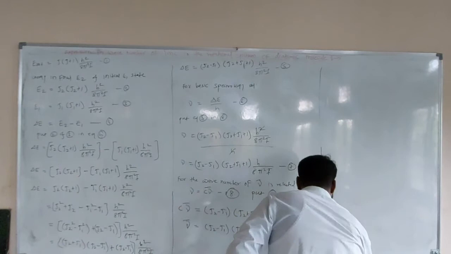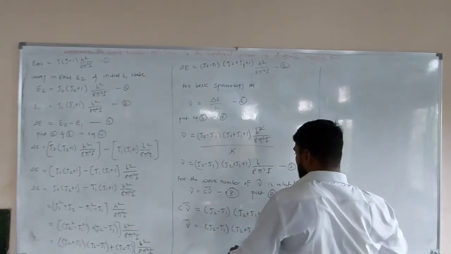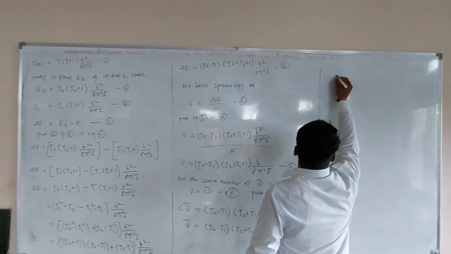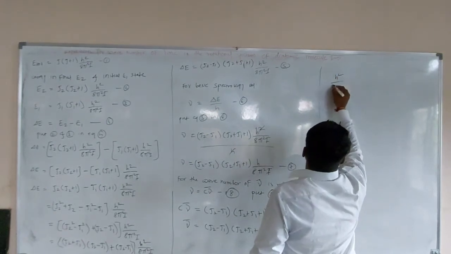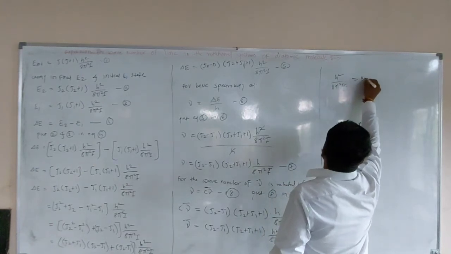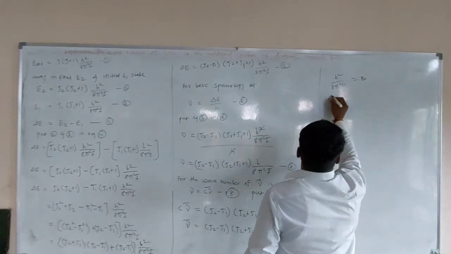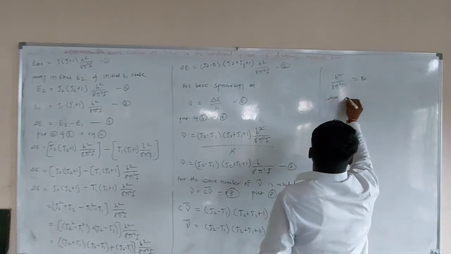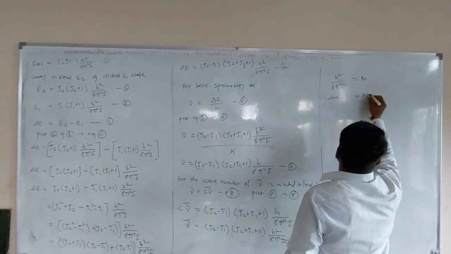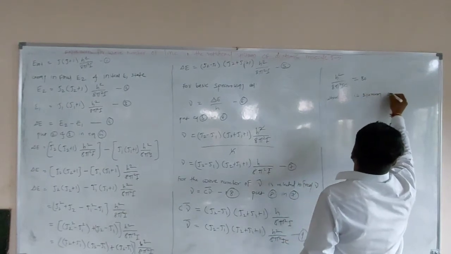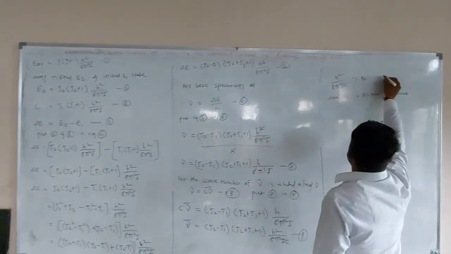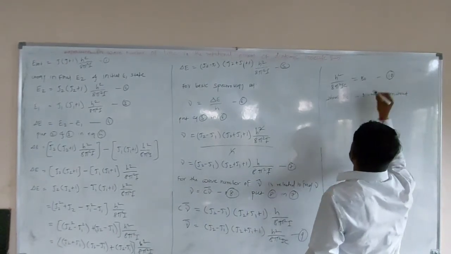Again, this equation can be converted in another form, that is the value of h square upon 8 pi square I c is equal to B0, where B0 is a rotational constant. Now this is equation number 10.